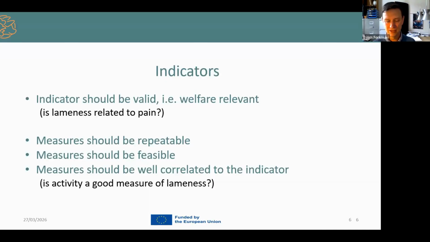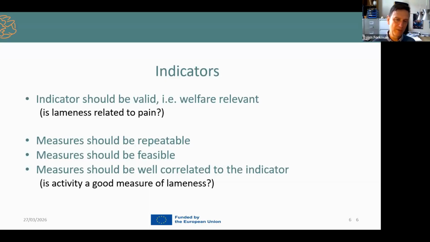Or dirt? Has a dirty pig bad welfare? Well, perhaps. Perhaps not. You can discuss that. And that is the first part of it. The second part of it is that once you have decided on an indicator, you should decide on how to measure that indicator.